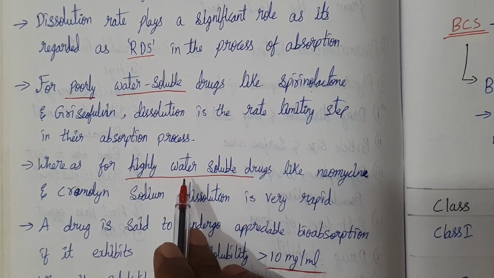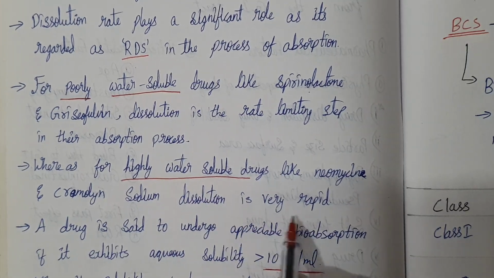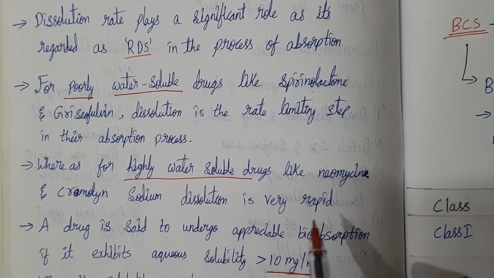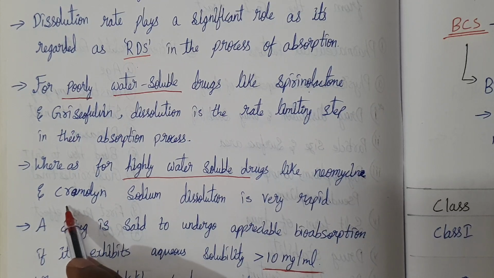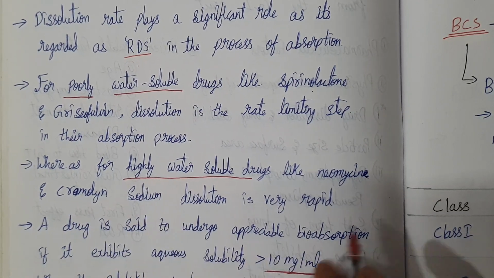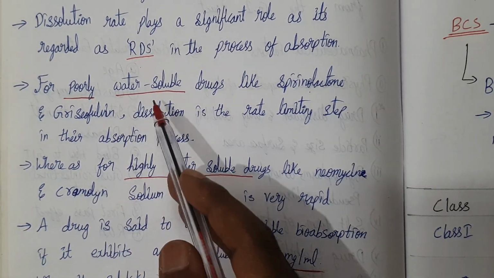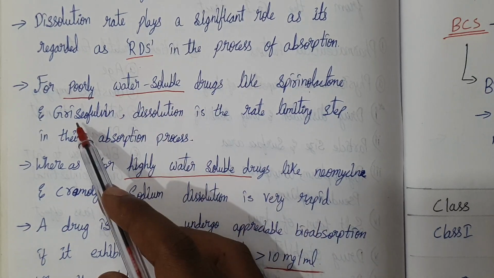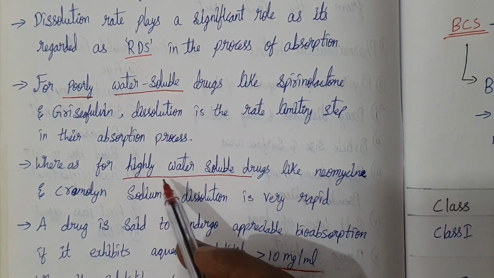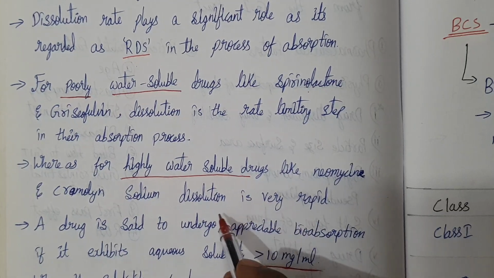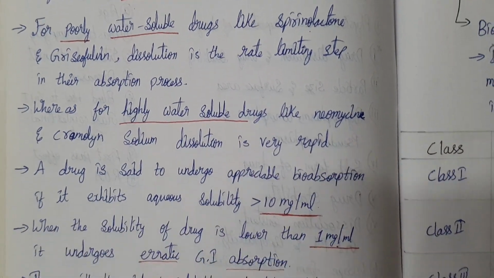Whereas for highly water soluble drugs, dissolution will be rapid. Example, neomycin and cloxacillin sodium. Okay, for poorly water soluble drugs, dissolution will be RDS. For highly water soluble drugs, the dissolution will be rapid.